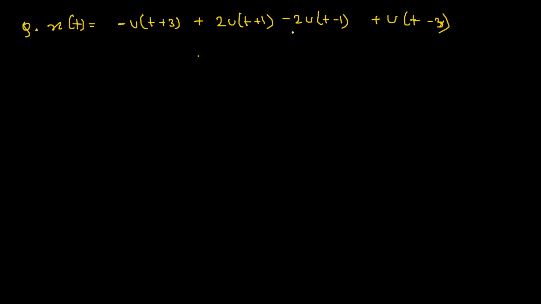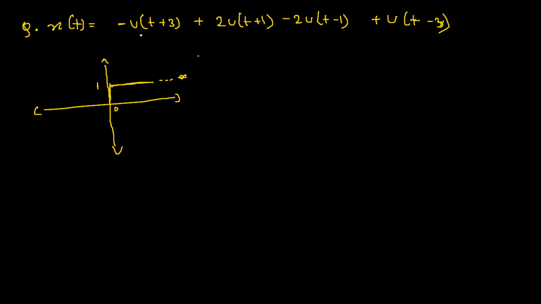So for actually adding each of these signals, we need to know what these signals actually look like. So let's plot all of them. So let's say my u of t is a very simple signal. From 0 till infinity, the value remains at 1.